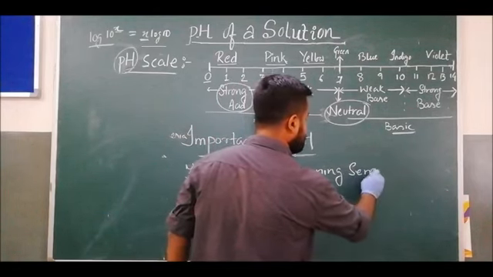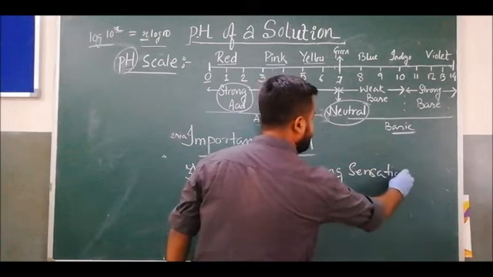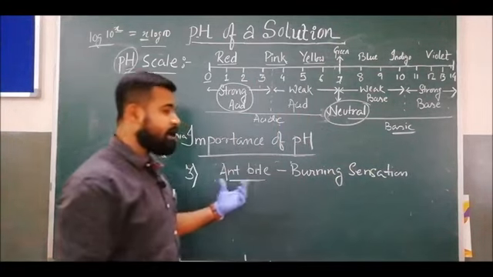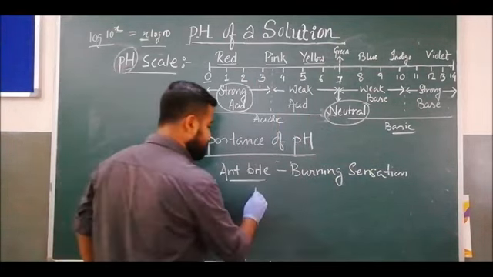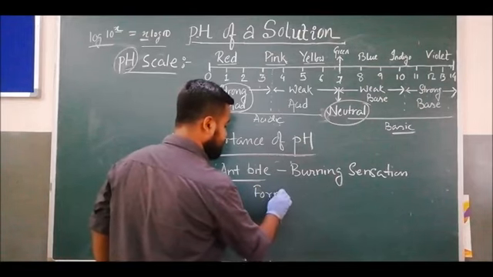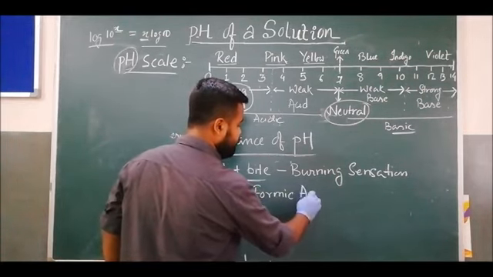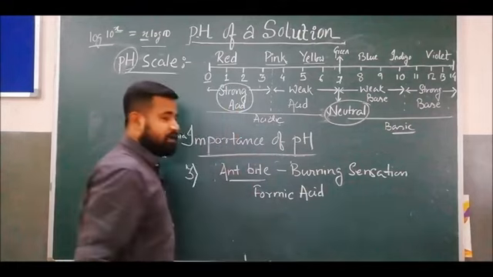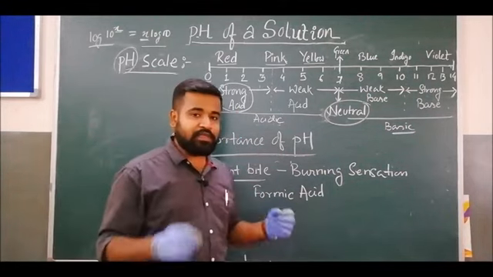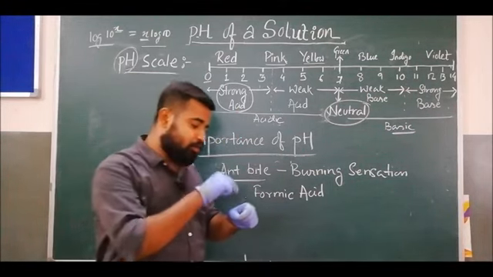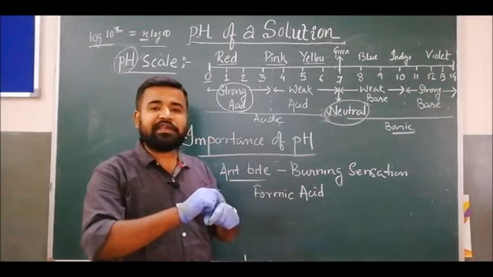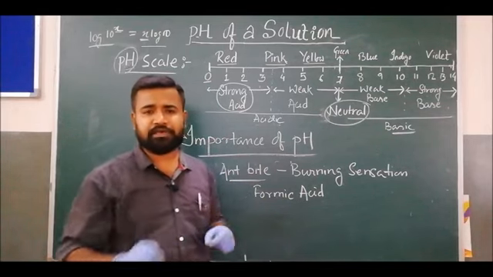Why is there a burning sensation? Because the ant sting possesses formic acid. When the ant bites, it releases formic acid over the skin, and we feel irritated, a burning sensation.